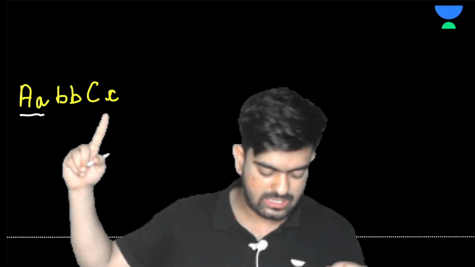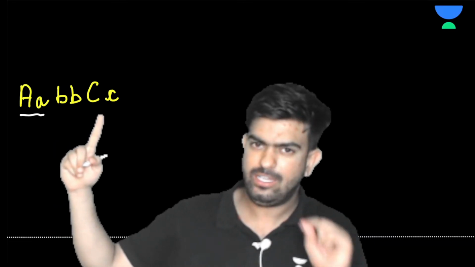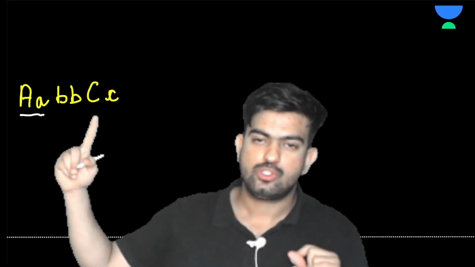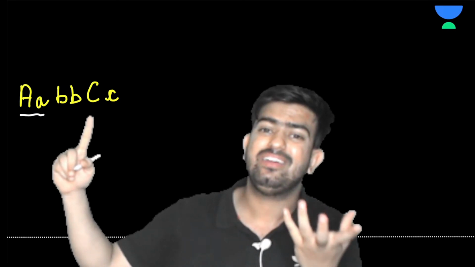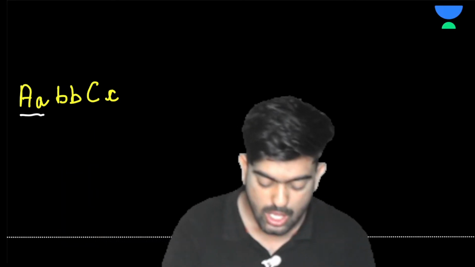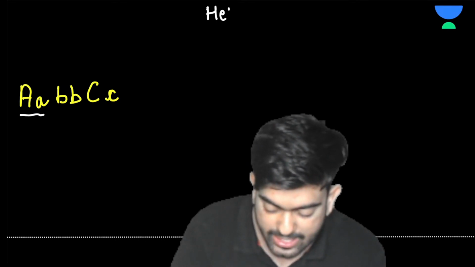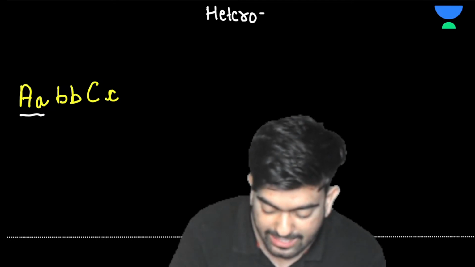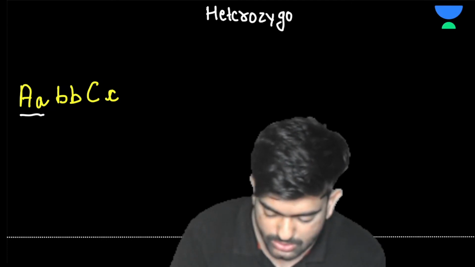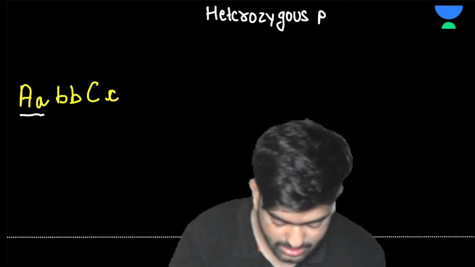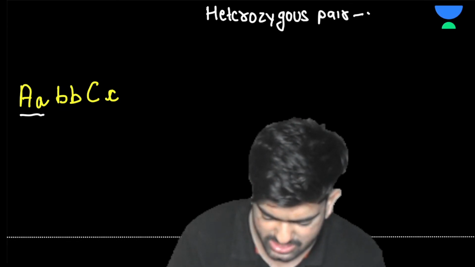Next we have capital C and small c, right? So capital C and small c, again a heterozygous pair. So how many heterozygous pairs do we have? We have only 2. That's great, sir.